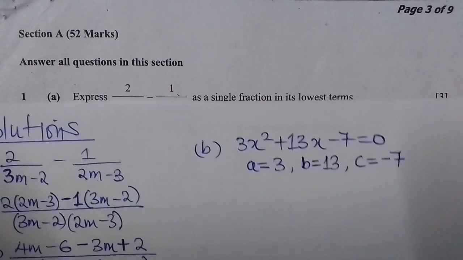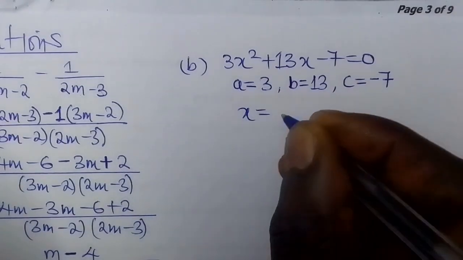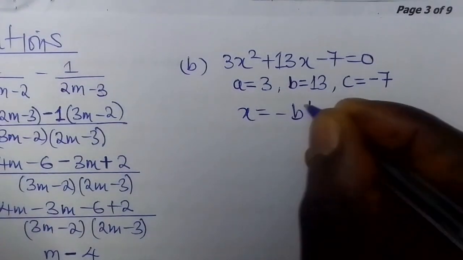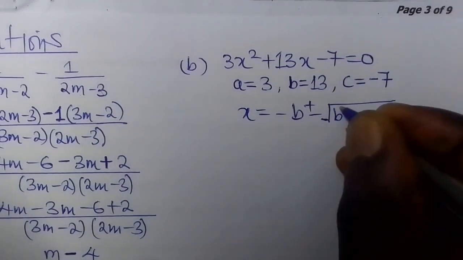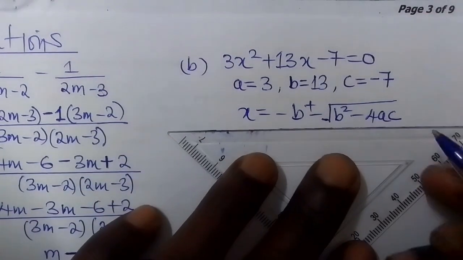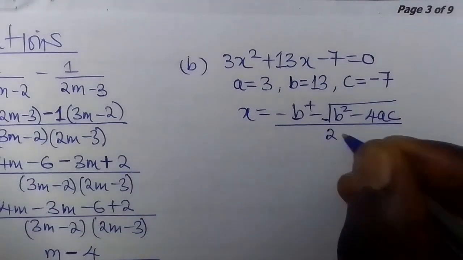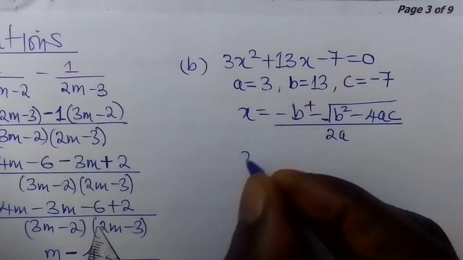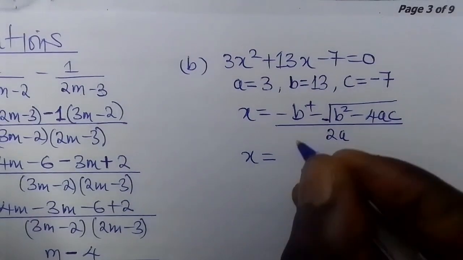Then working with the formula, x is equal to negative b plus or minus square root of b squared minus 4ac, everything over 2a. So what we do now is substitute. On b, we are going to put 13.